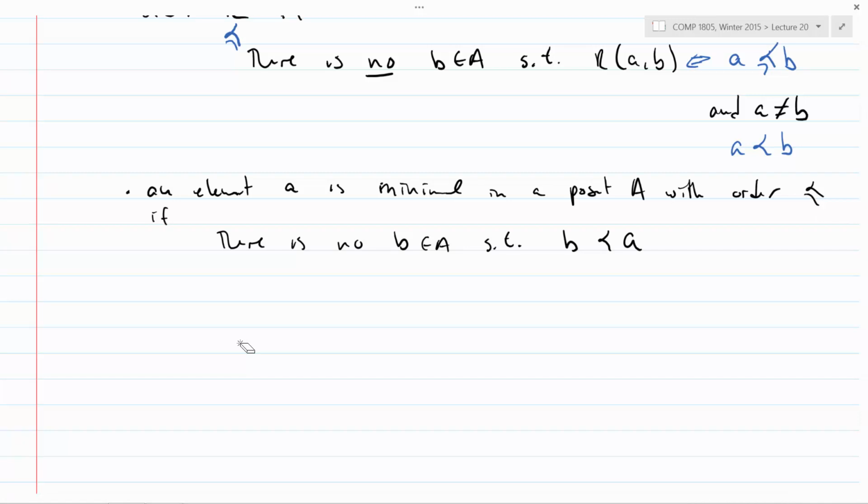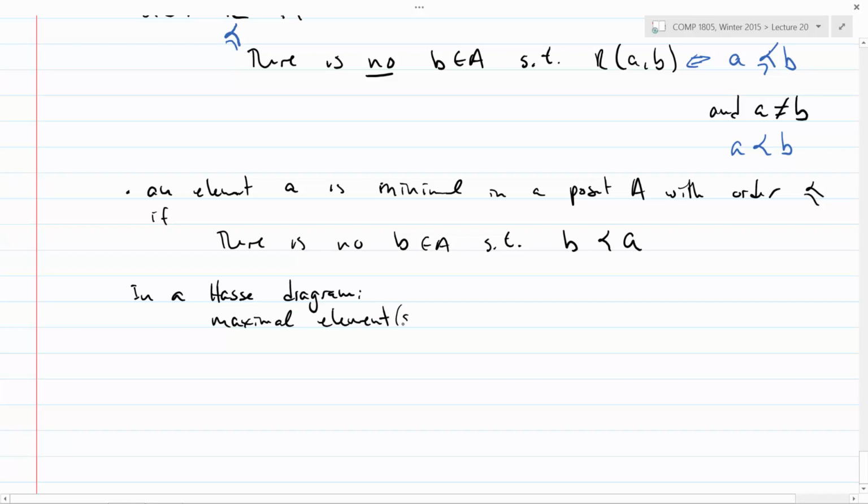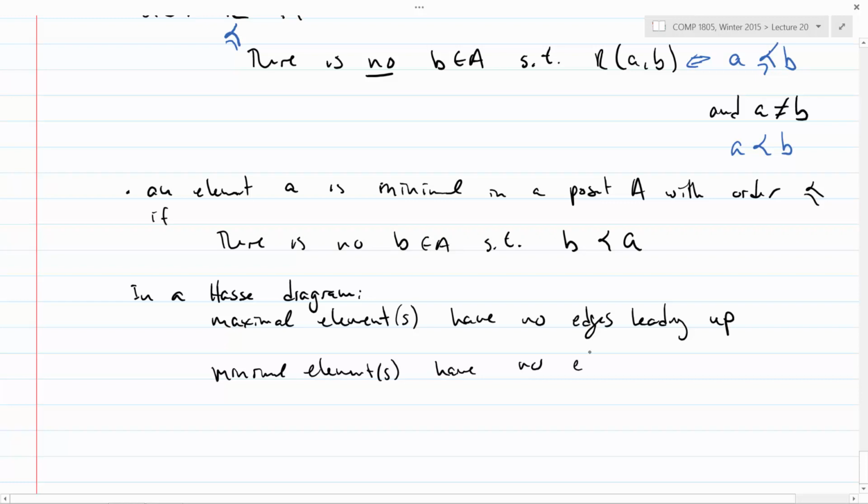Okay, so having these diagrams makes it much easier to find those. So in a Hasse diagram, the maximal element or elements have no edges leading up, and the minimal elements have no edges leading down.